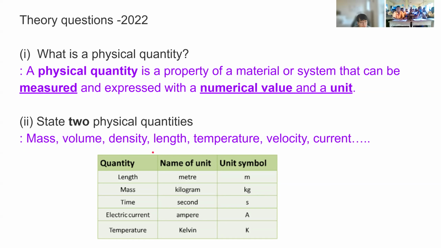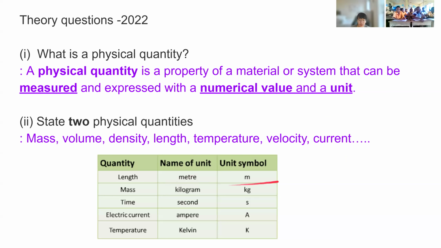So mass is a physical quantity. So are volume, density, length, temperature, velocity, current. All of these are examples of physical quantities, things that can be measured and have a numerical value. It can be presented as a number with a unit.